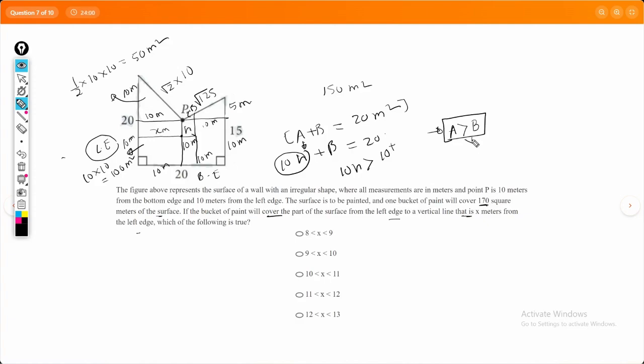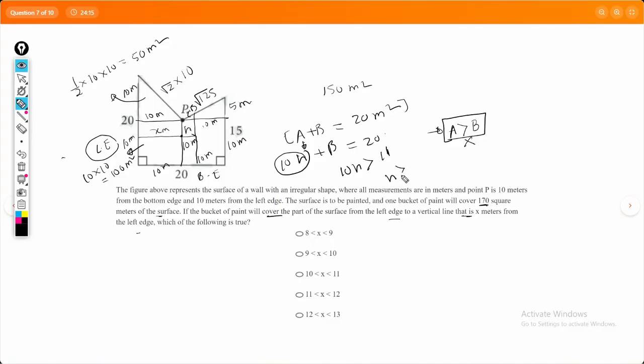So we are not going to maintain this relationship, but it has to be at least greater than 10. So let's say for simplicity that this value is 11. Then what would be the value of h?